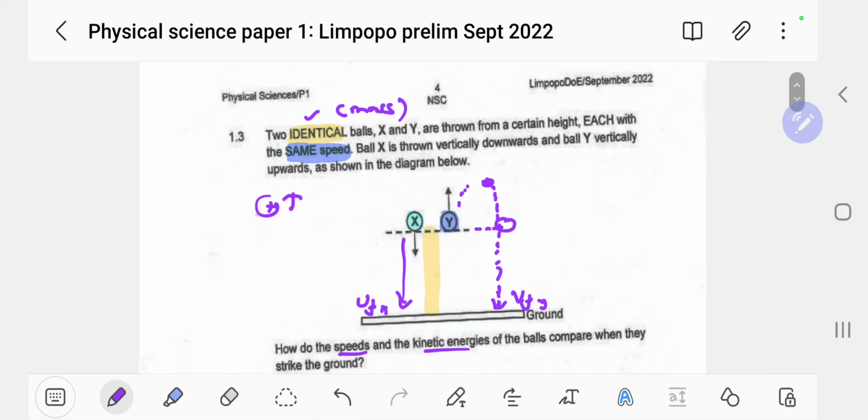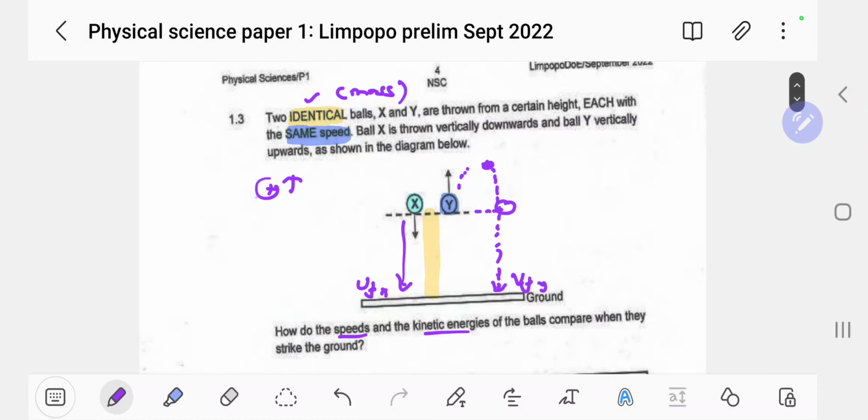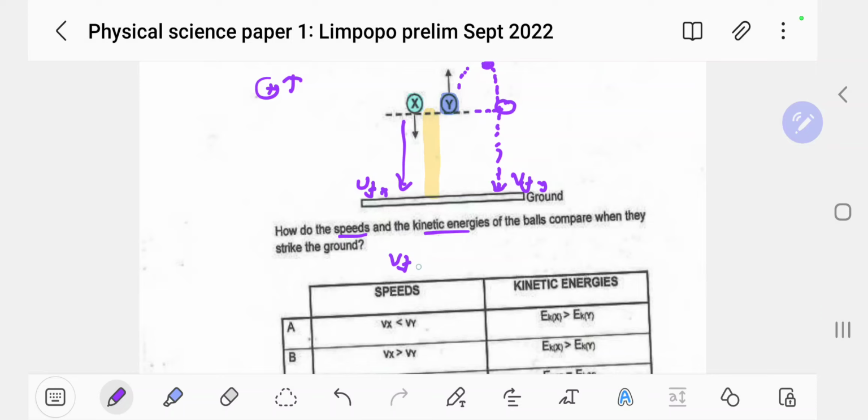All right, so they have the same mass, they leave the same height with the same velocity, and they will be accelerating due to the same magnitude of acceleration, which is that of gravity, and therefore they will hit the ground with the same final velocity. So we can just say Vfx is equal to Vfy, because of the same concept we just explained.